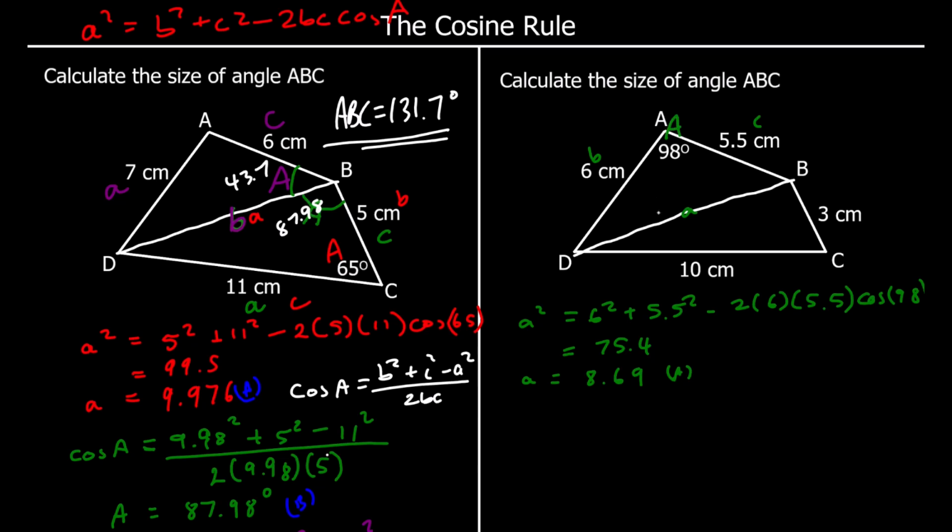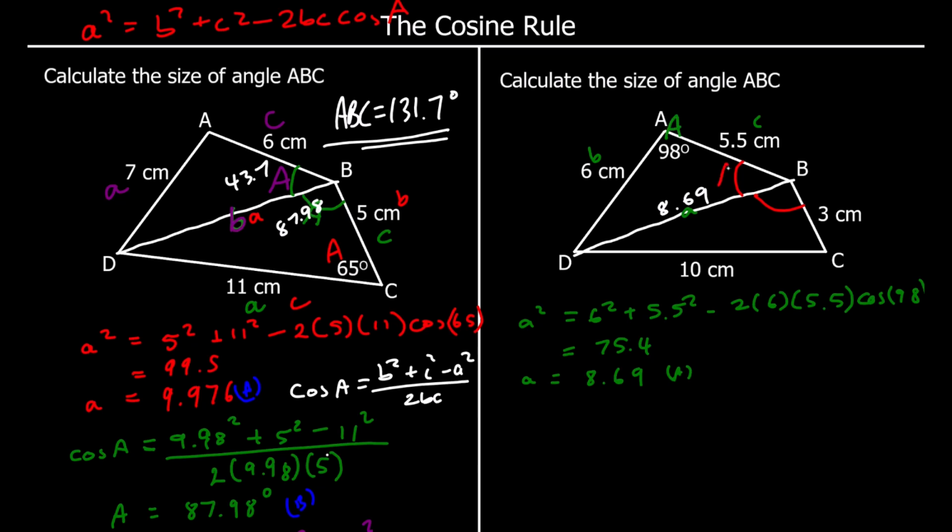And that is 8.69. Now we can use the cosine rule to find an angle twice. We've got two triangles. We know all of the lengths, so when we know all the lengths, we can find the angles.